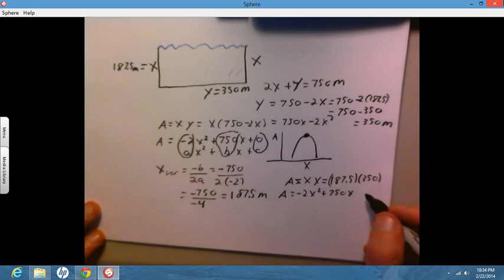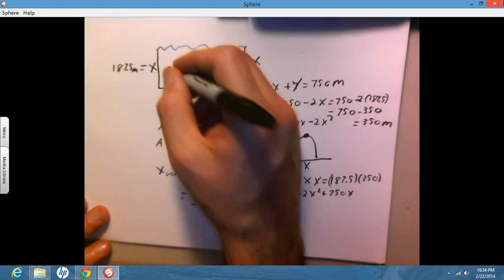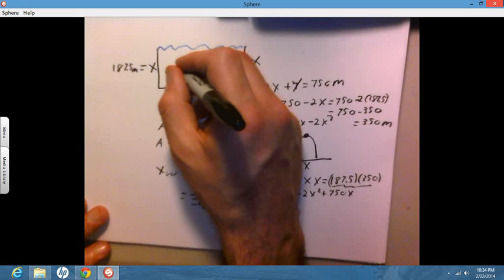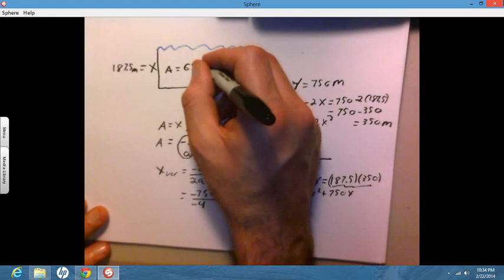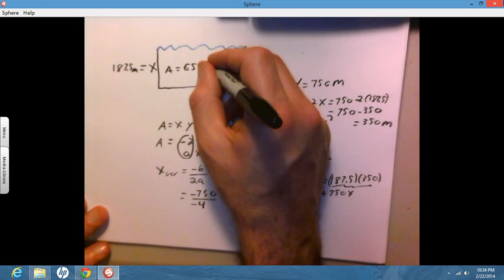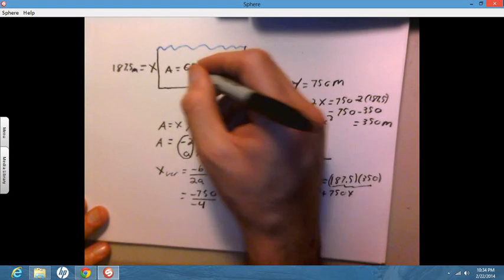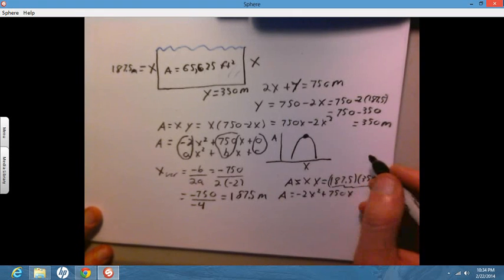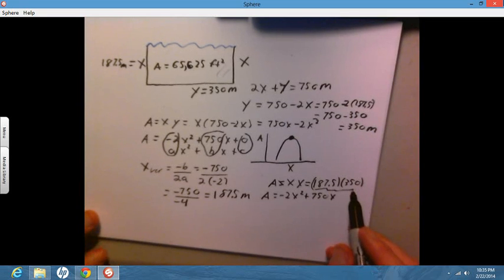And if I multiply these two guys together, I'm out of paper, this will come up to 65,625 feet squared. So 65,625 feet squared is my answer. And that number is just the product of these two numbers. Just check it with your calculator if you like. And check out my calculations.